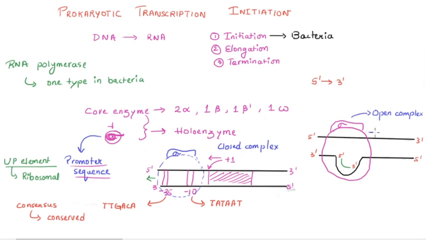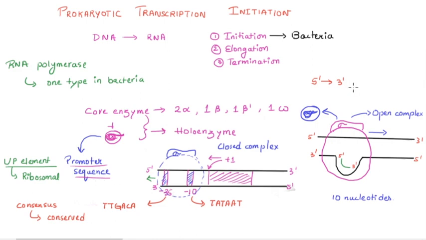And as the RNA polymerase moves along the DNA and has synthesized about 10 nucleotides of RNA, this sigma subunit falls off, and the RNA polymerase can move on to synthesize the RNA of the complete gene. So this sigma subunit is only required to recognize the -35 and the -10 region, or specifically the promoter sequence.